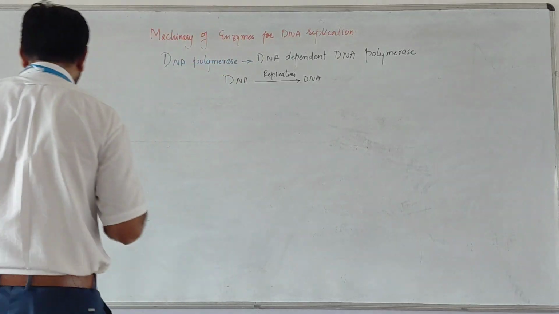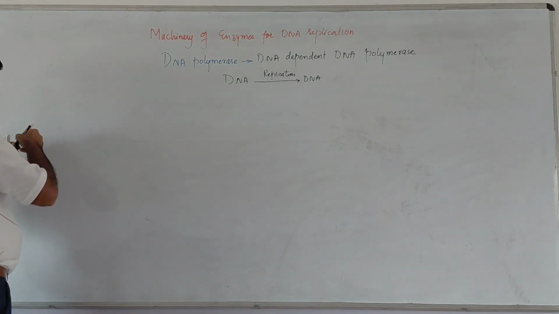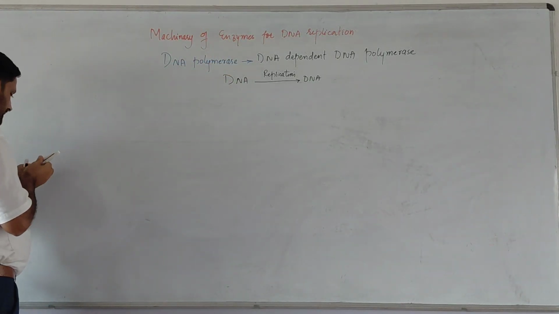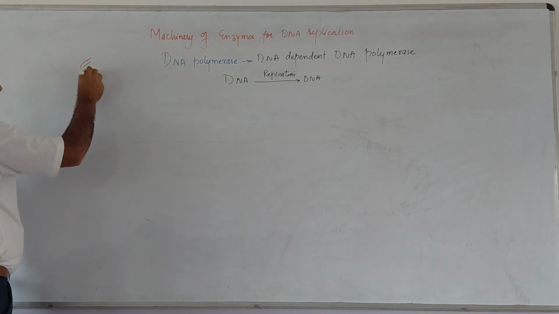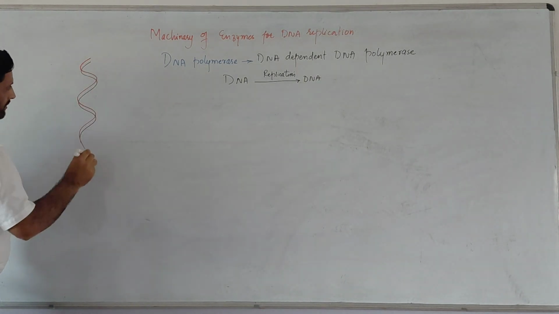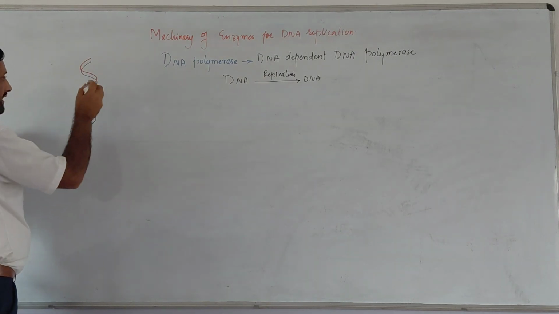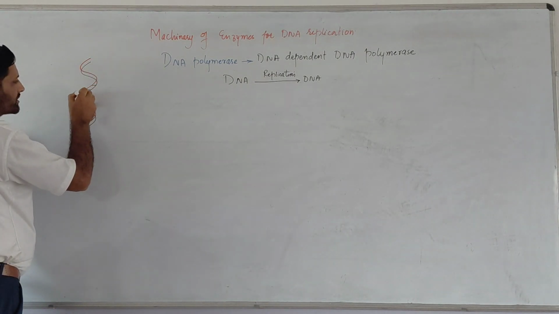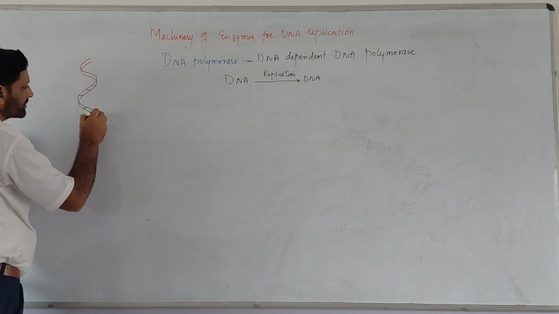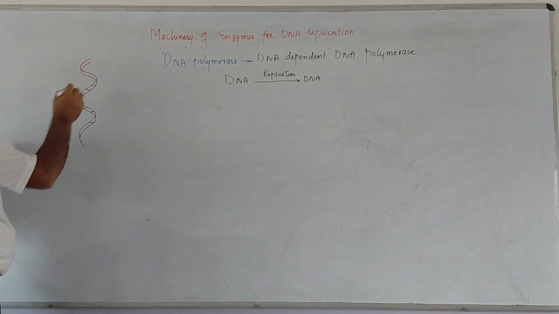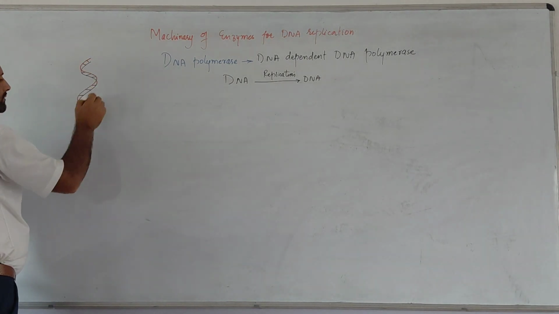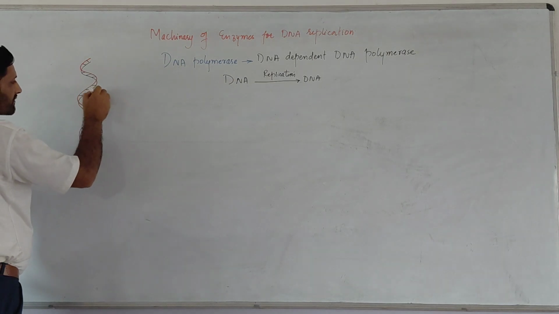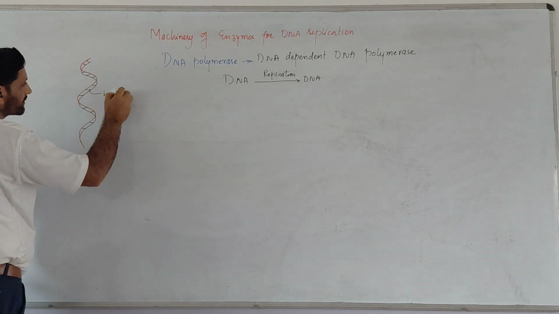Let me show you here. If this is the DNA molecule, these are the two intertwined strands, and these are their hydrogen bonds. This DNA needs to be replicated. So first of all, these hydrogen bonds should be broken down.